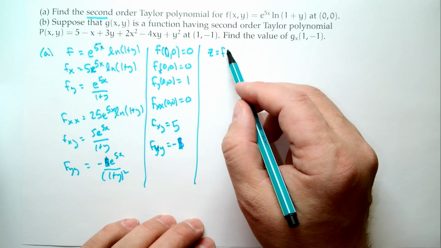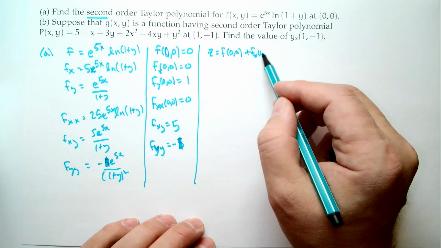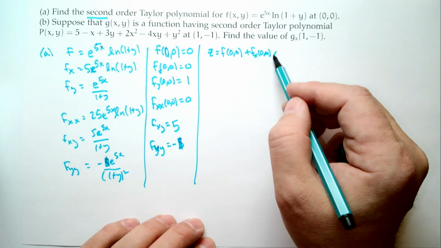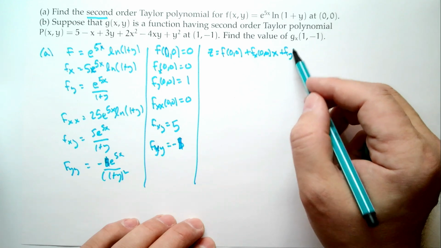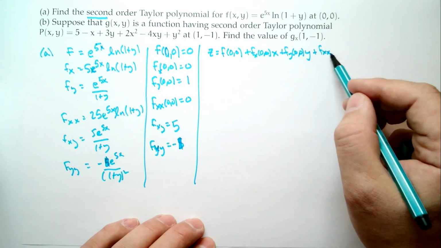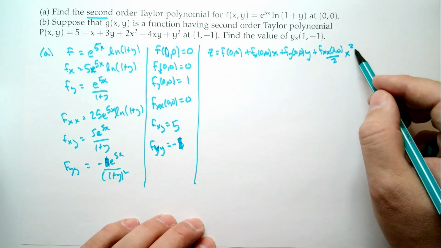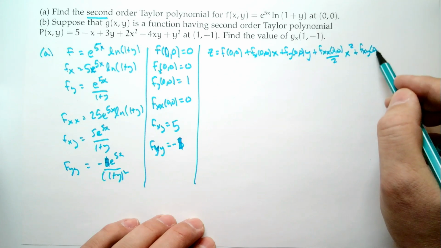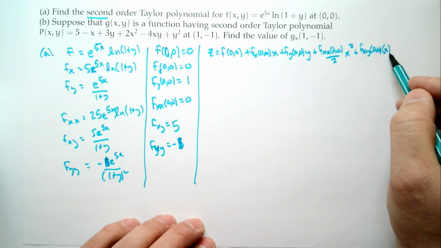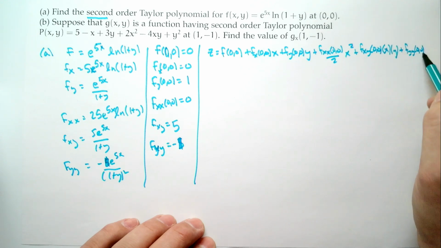So it's the function at your point plus f sub x at your point times x minus a plus f sub y at your point times y minus b plus fxx at your point divided by 2 times x minus a squared plus fxy at your point times x minus a times y minus b plus fyy at your point over 2 times y minus b squared.